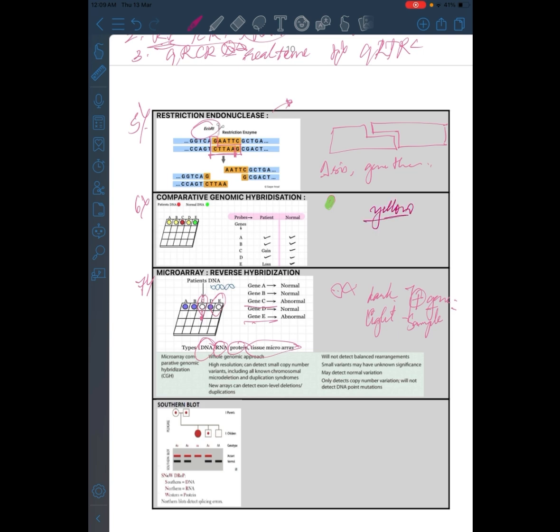Depending on the variable amount, if the patient's DNA has an extra amount of the gene, that means there is a gain of function mutation, which is depicted by the well turning red. If there is a loss of function mutation, that means green is dominating, and hence the well will have green color.